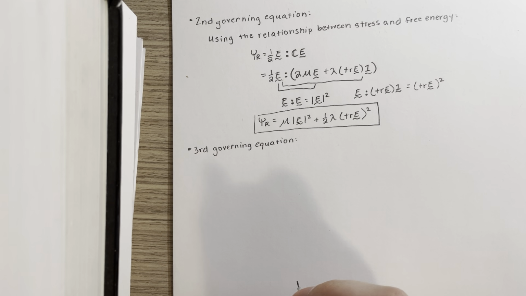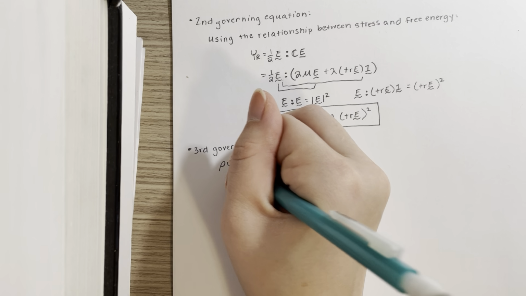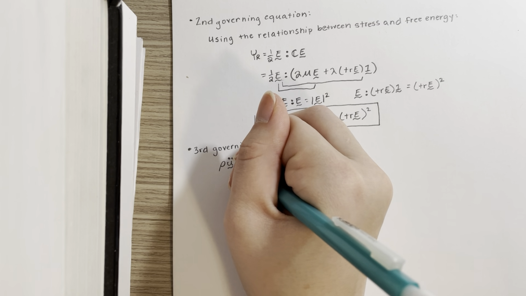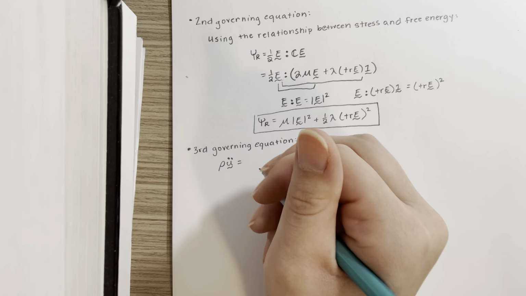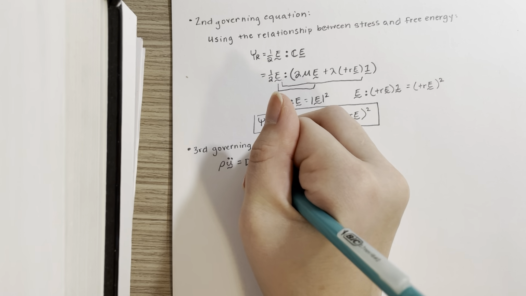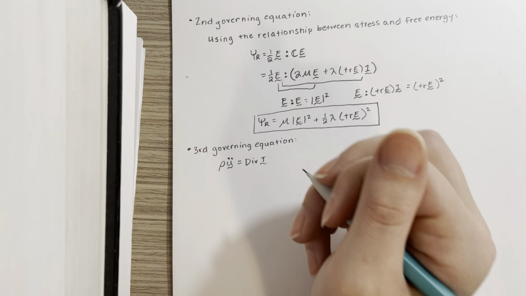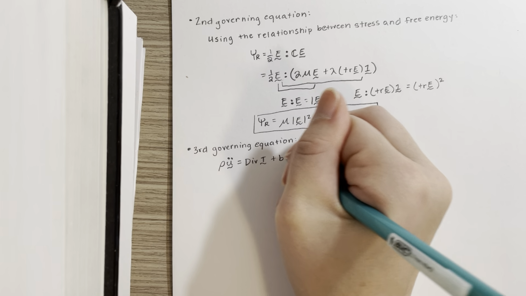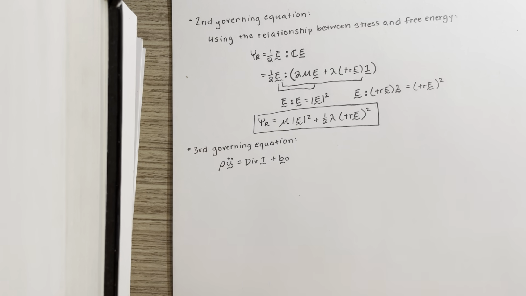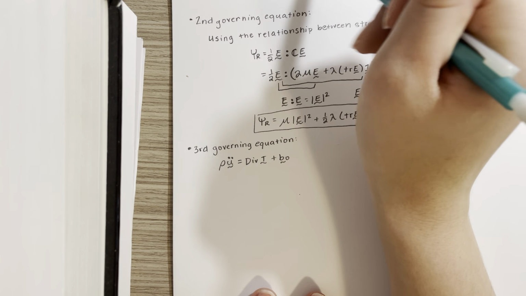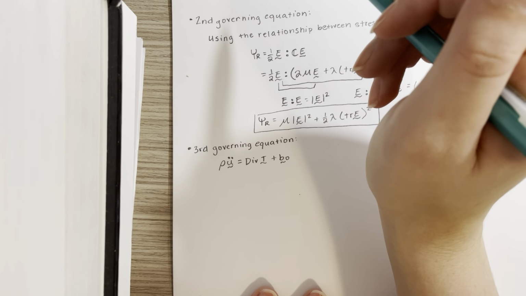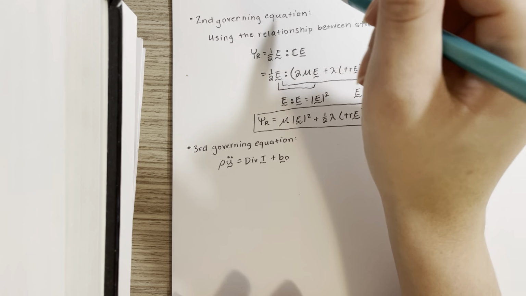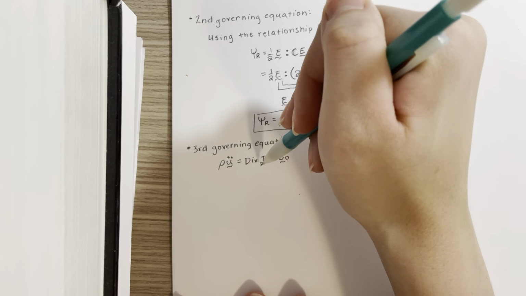comes from our local momentum balance, which, to recap from previous lecture, is rho u double dot is equal to the divergence of T plus our convectional body force, which again, we now have our equation for E. We have our equation for T that we can now substitute in.